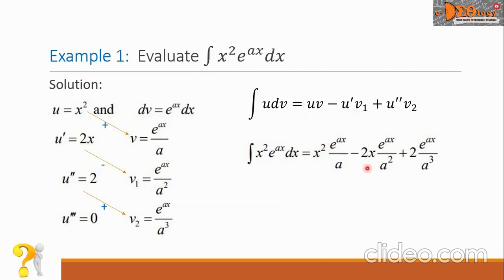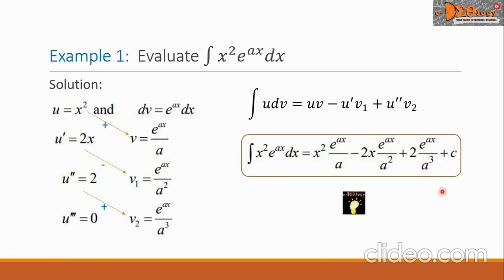So we write here 2x times e raised to ax over a square, and then plus u double prime times v sub 2. So we have here 2 times e raised to ax over a cube. And then we write the plus c. This is now the final answer.